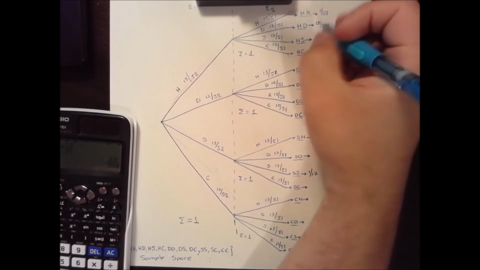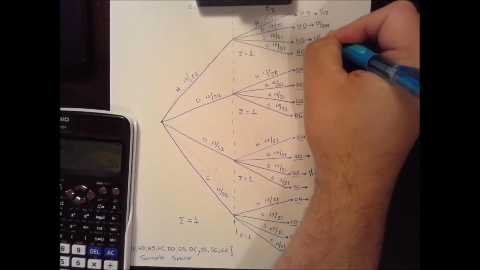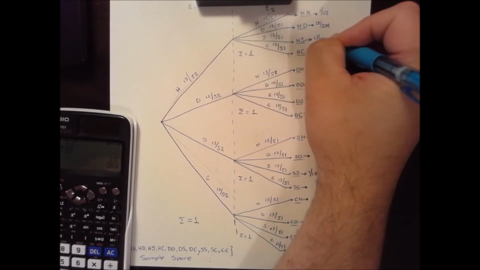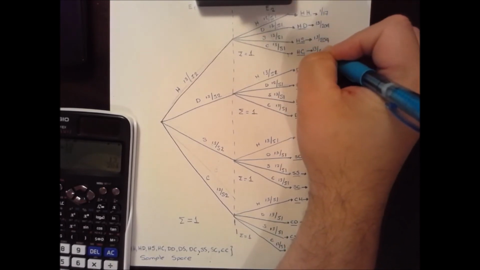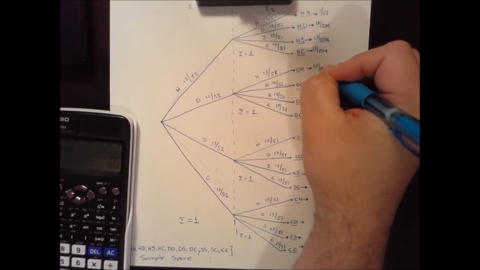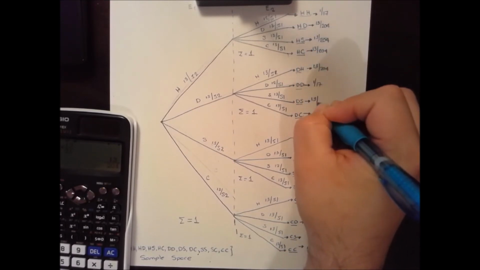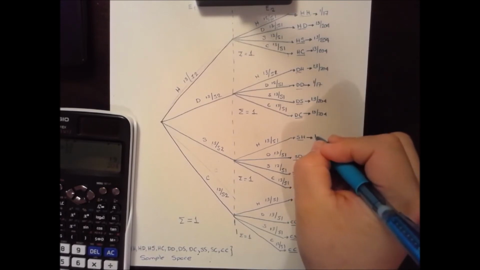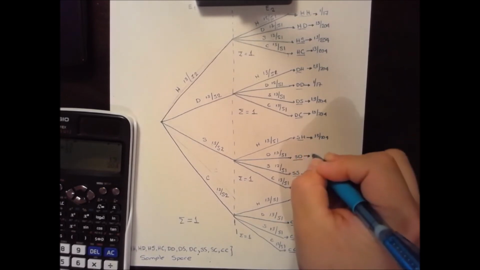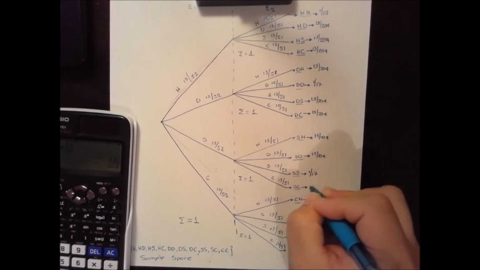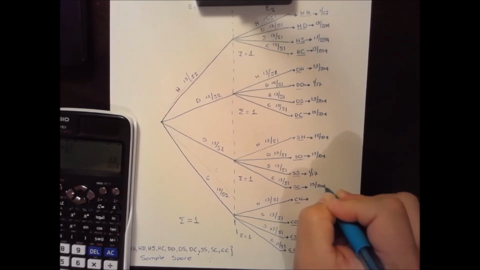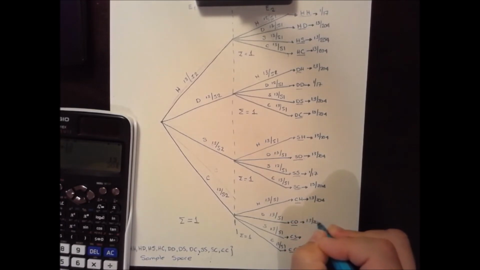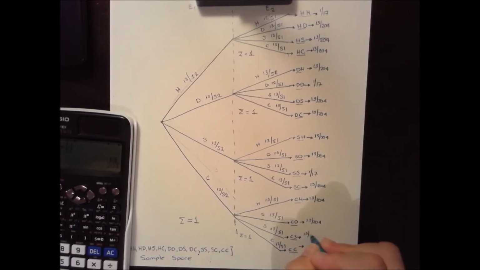So the only thing that I'm going to do is to copy 13 over 204 again and again, just one more, and that's it.